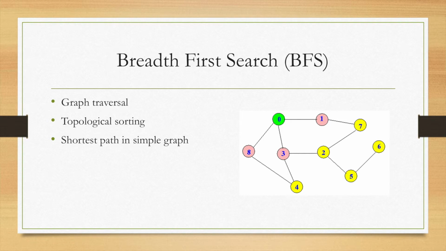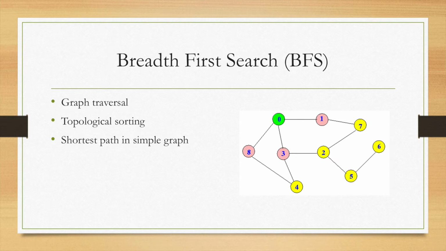For example, maybe you want to reach node 1 and you must reach node 0 first. If it has such a dependency, we can use an algorithm called topological sorting to find a possible solution. And topological sorting is also a kind of BFS algorithm.